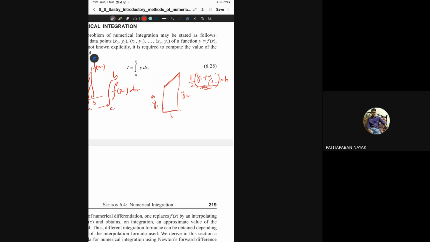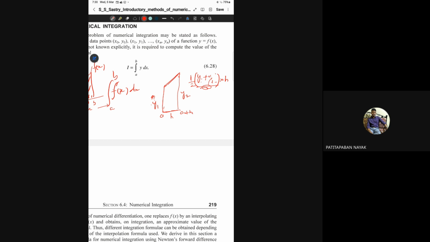So if I take this h to be very, very small, in general it will not be a trapezium. But if h becomes very, very small, then this will look like a trapezium. The starting point on the left will be a, and the next will be a plus h, then a plus 2h, then a plus 3h.